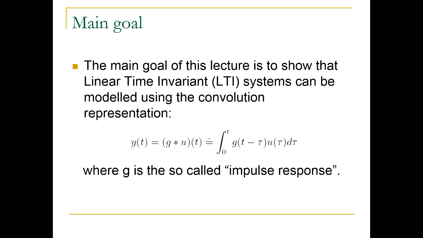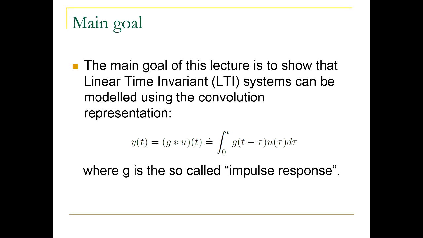which you may know or you may not know what it is. This function g really depends on the system itself. So this function g depends on your system. So you can think of this g, the convolution representation, and g itself, as the model of your linear system.